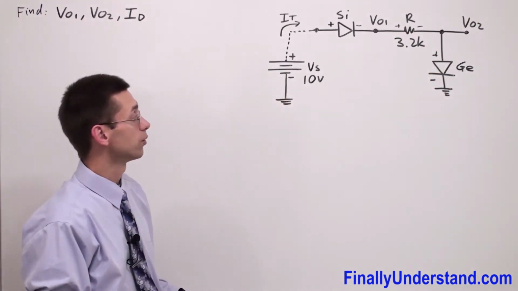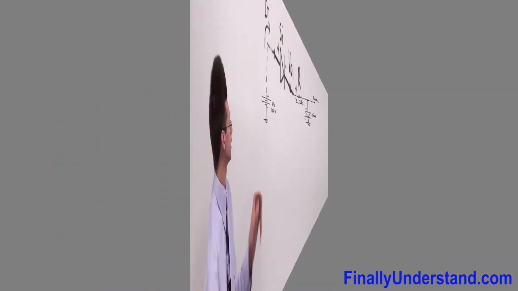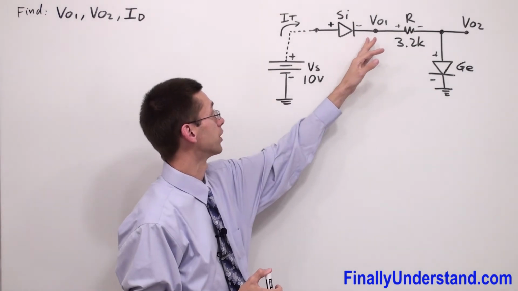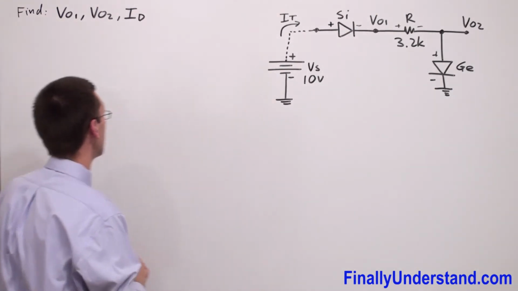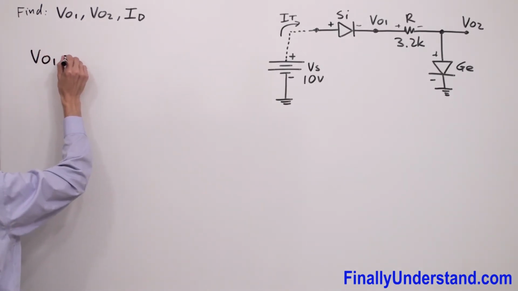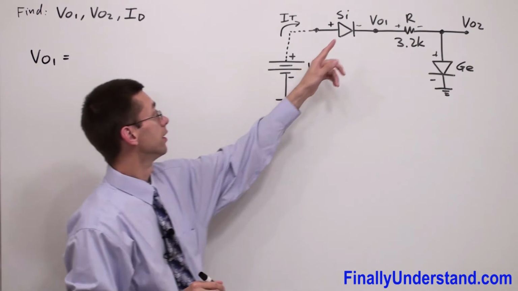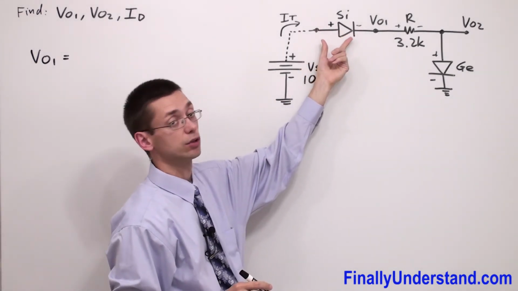Next, we're supposed to use KVL and write the equation for the output voltage 1. So what I have, Vout1 is equal to negative voltage across the silicon diode.